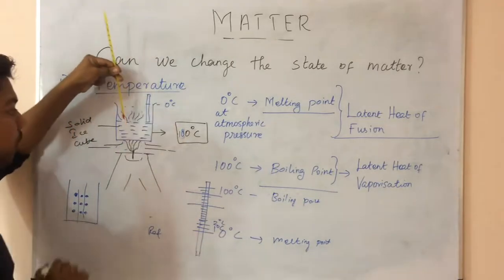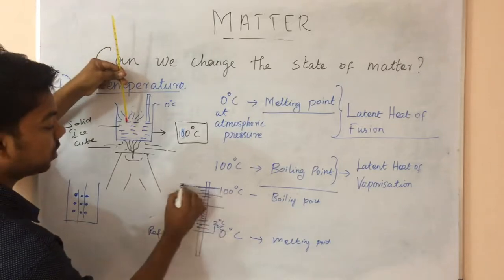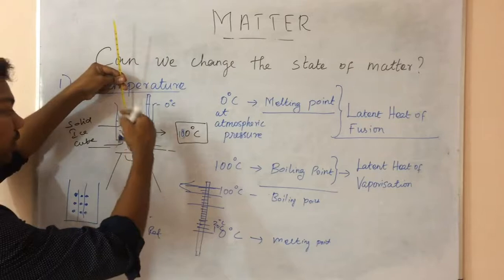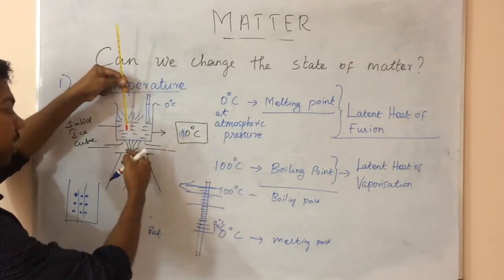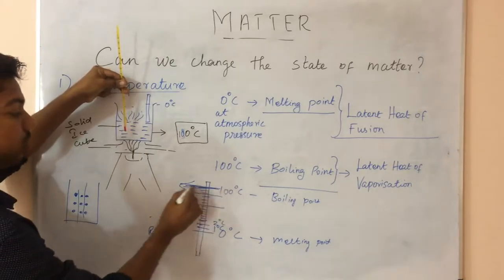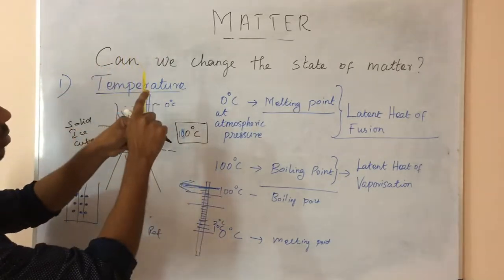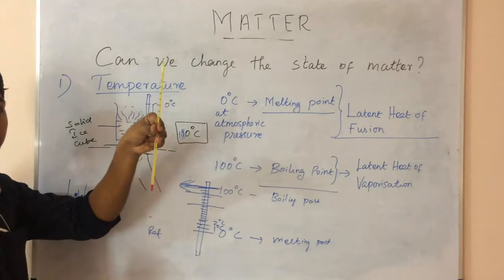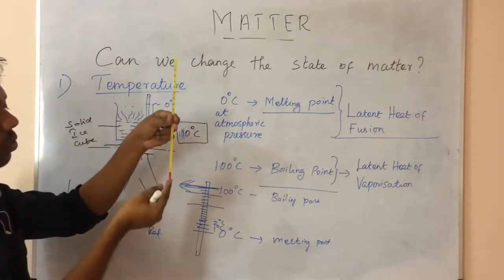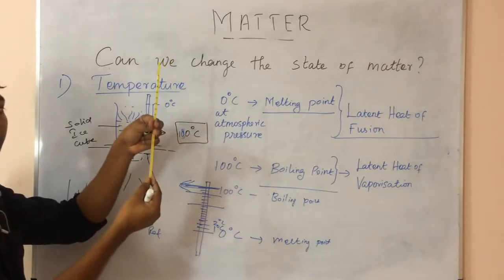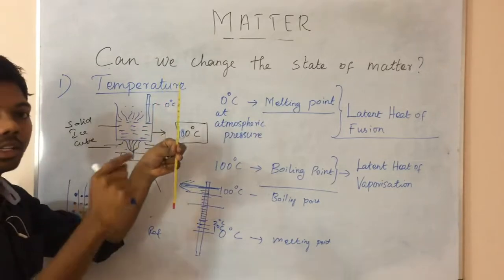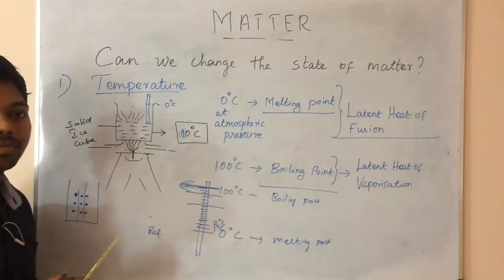At the boiling point, it will show the 100 degrees Celsius mark, and even if you add heat into the system, there will be no change in temperature; it will still show the 100 degrees Celsius mark. In this thermometer, you can see the red colored liquid we are using is alcohol, because it also has the expansion property. Okay, thank you.